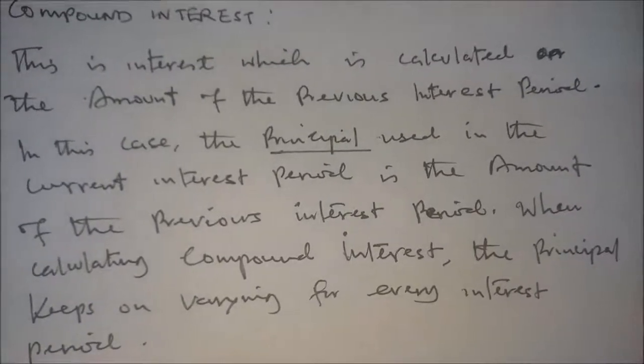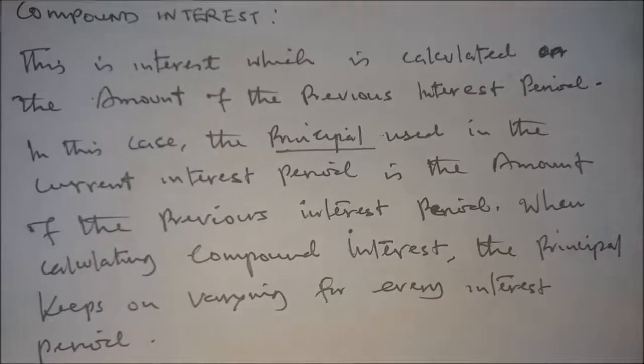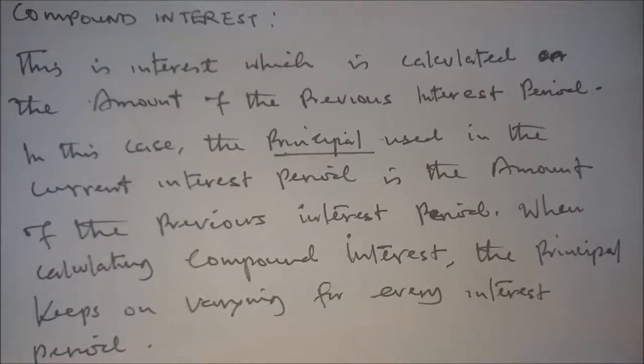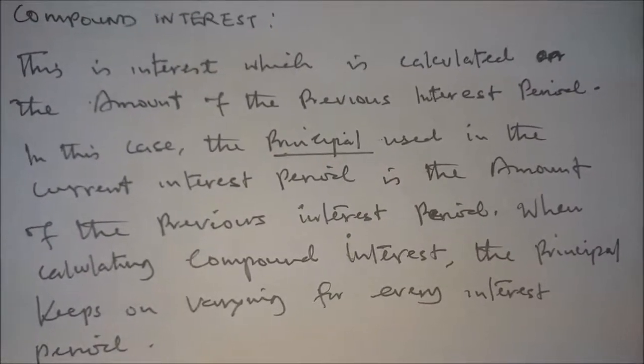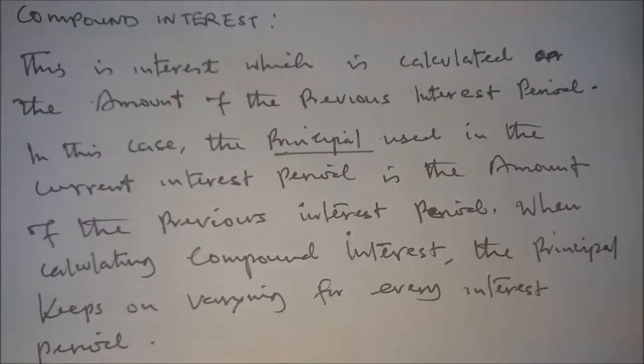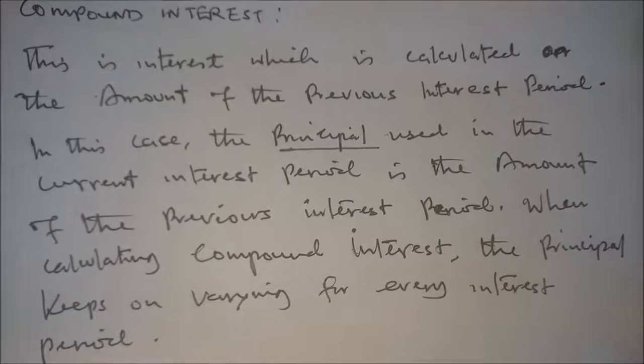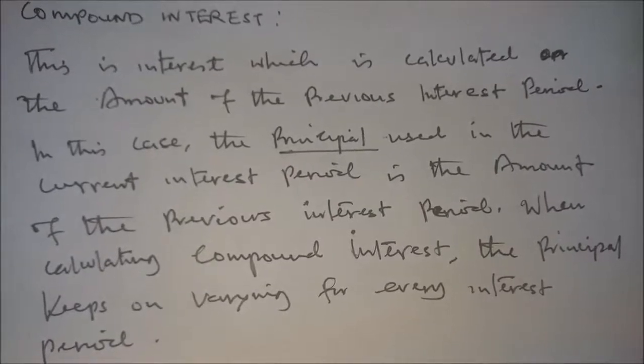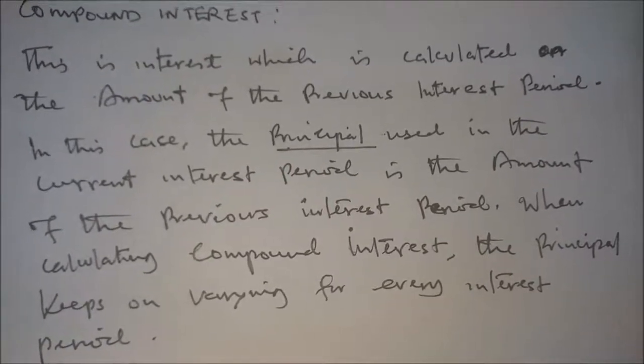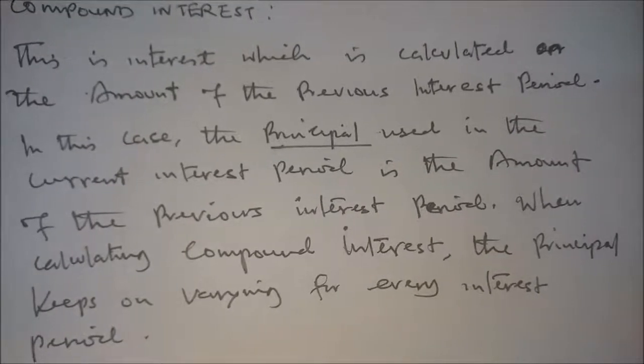If we invest 5,000 for 3 years and interest is calculated every year, during year 1, the principal invested is 5,000.